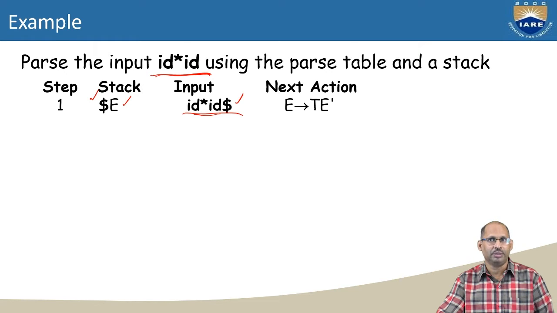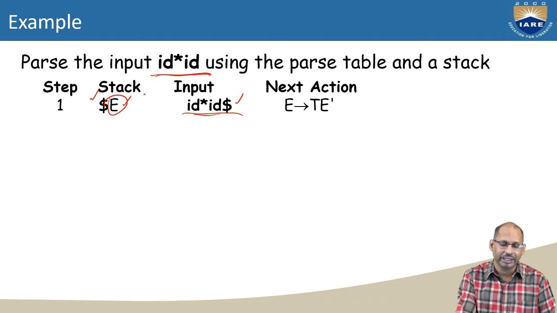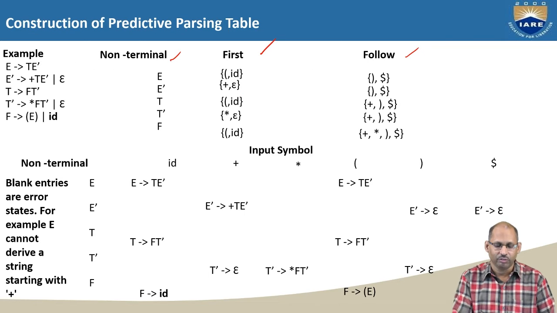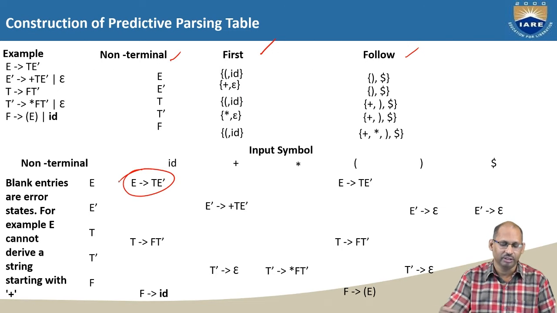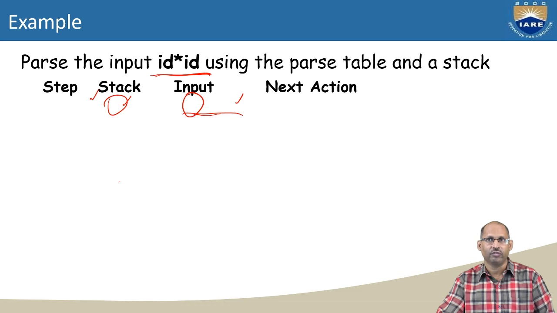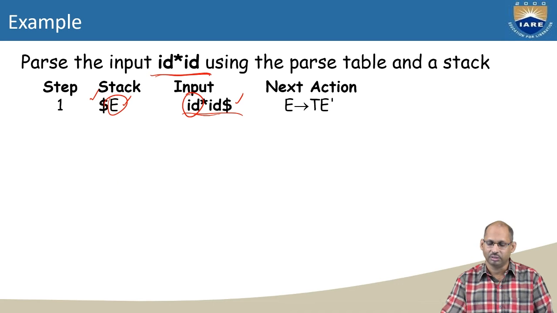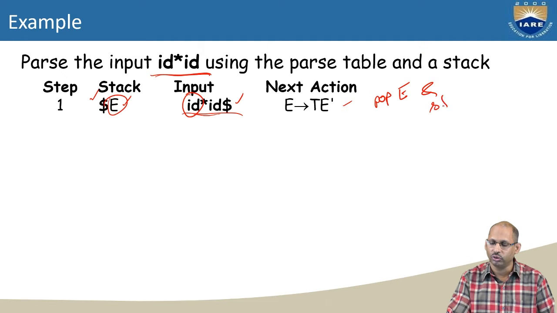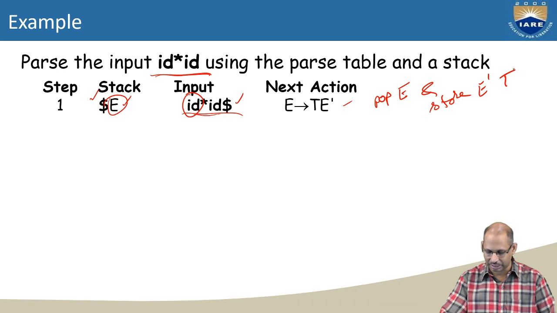So if we observe our table for E and ID, we got this one. So right here, this one. So pop E and store E dash and T in the stack.